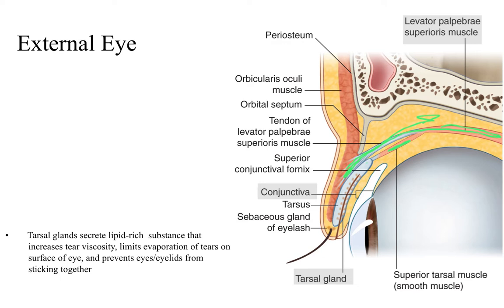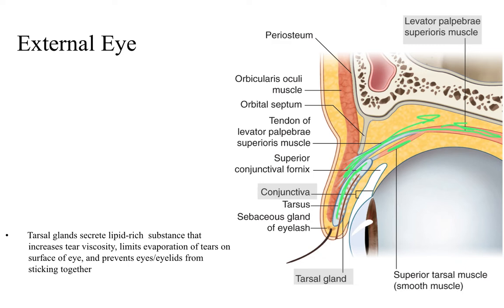The next structure is the tarsus or tarsal plate here in the upper palpebrae. It is a thin sheet of connective tissue to which structures can attach, such as the levator palpebrae superioris muscle. And within it, it's going to have little glands.